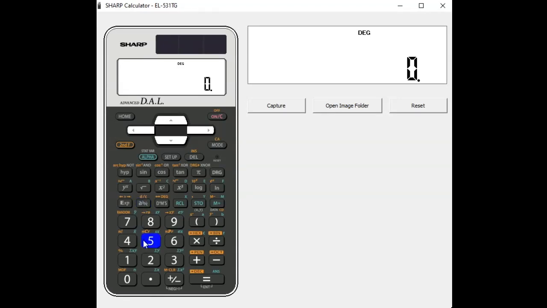Let's say I had 5 halves. We're going to hit 5, a b/c, 2. That allows me to put in the fraction. Plus, let's do 3 over 6. So I hit 3, a b/c, 6. And that gives me an answer of 3. What the calculator does is all the work for you. You're not going to have to find your common denominator or anything like that. So this is really helpful throughout this course.